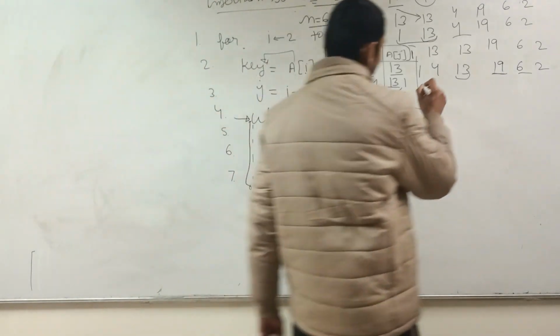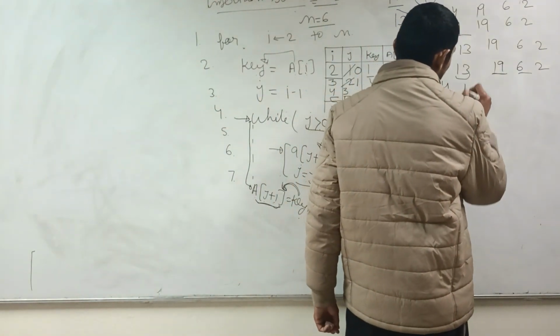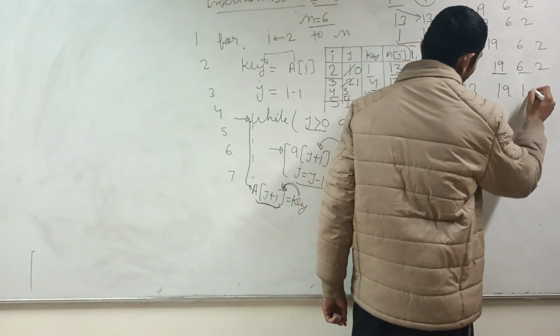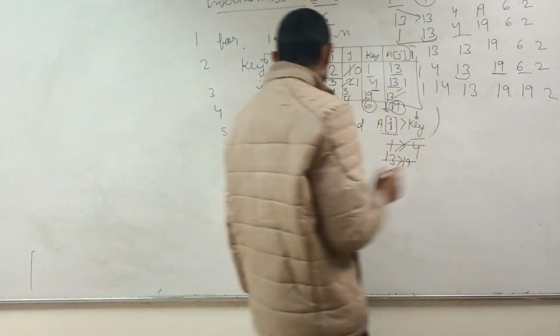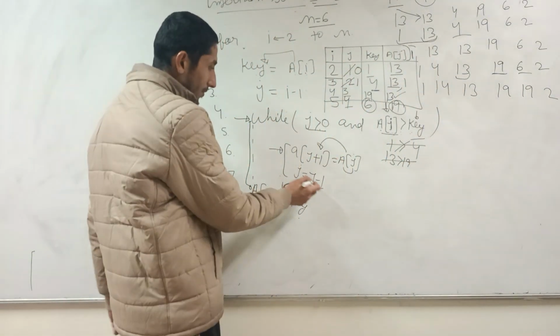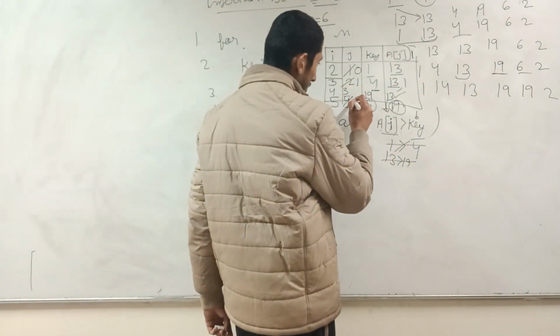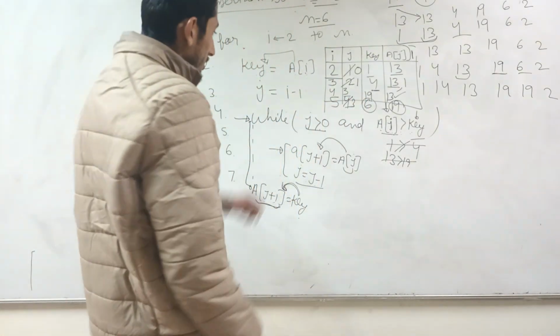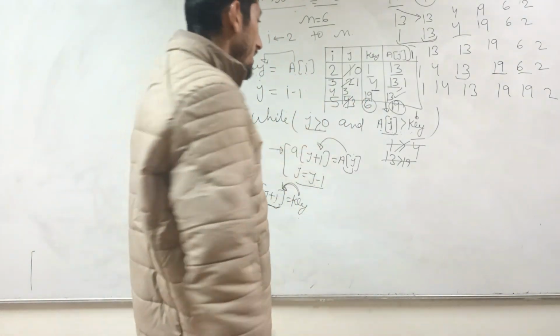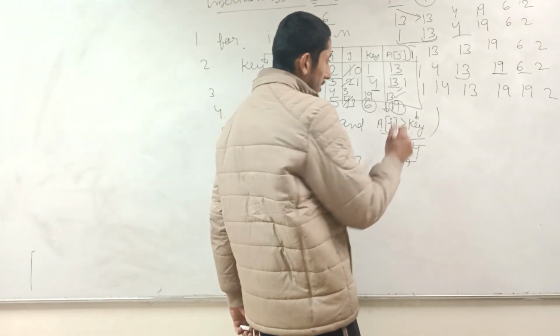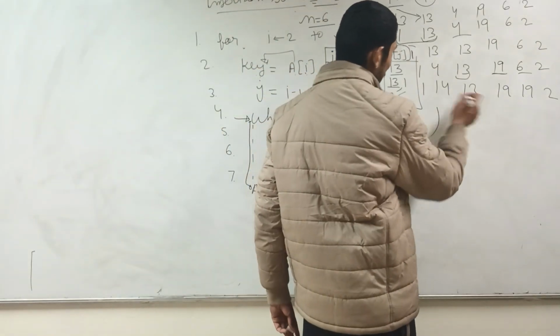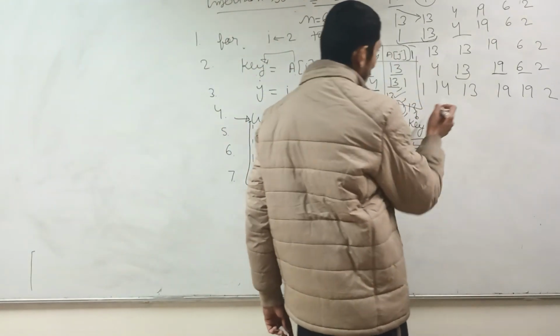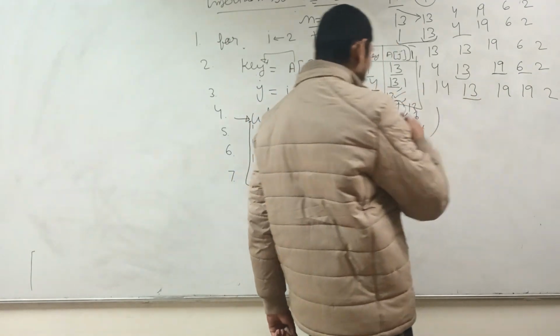What will happen? I am going to make a copy of this like this. Then value of j becomes j minus 1. Value of j becomes 3. 3 greater than 0. Yeah. A of j, it means a of 3. A of 3 is 13. 13 should be compared with key.